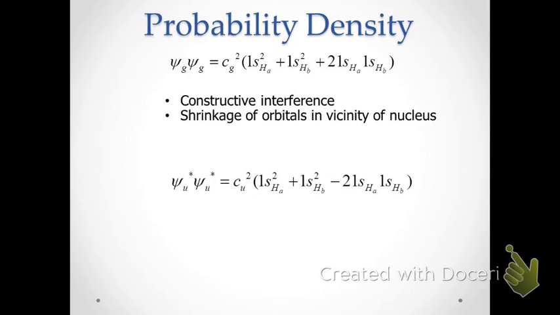We'll also note that the resulting wave function gives us a shrinkage of the orbitals in the vicinity of the nucleus, all of which lower the energy of the molecular orbital. This orbital has lower energy than the atomic orbitals. Because it's lower energy, it's more stable than the atomic orbitals, we refer to it as a bonding orbital. It stabilizes the bond.